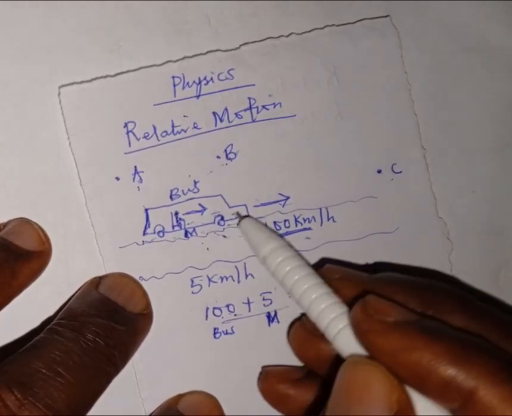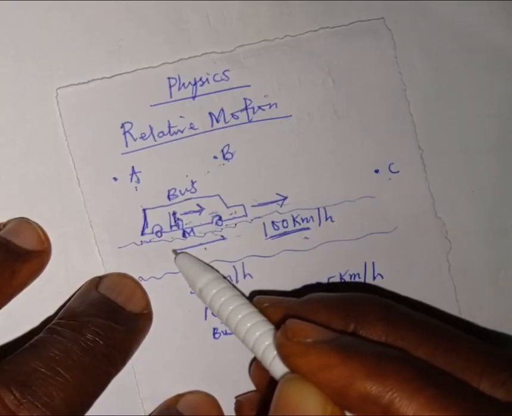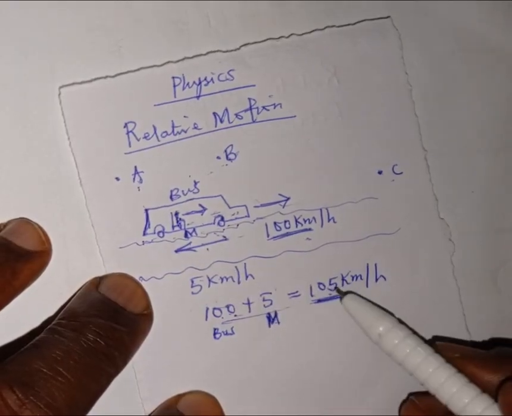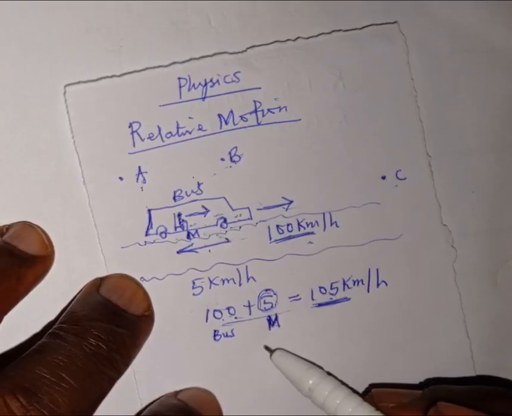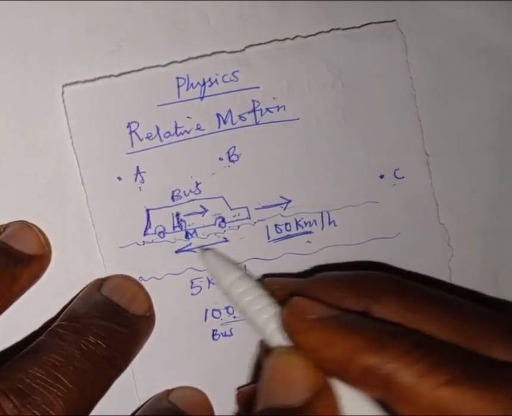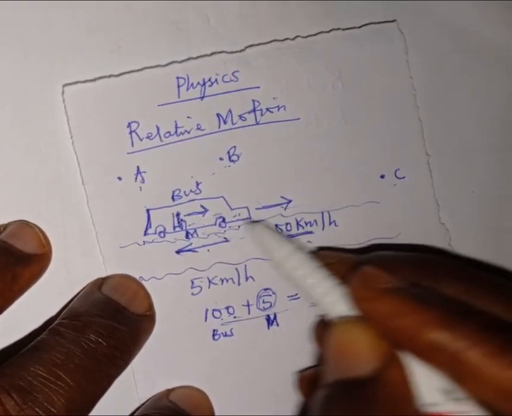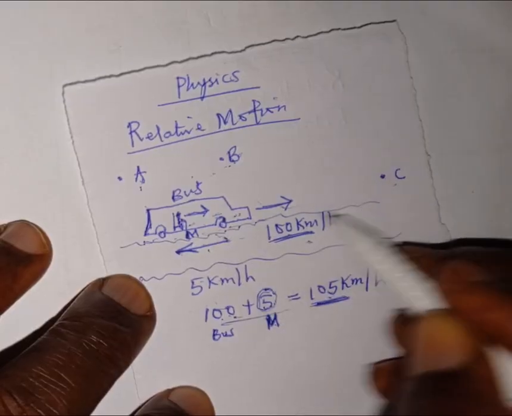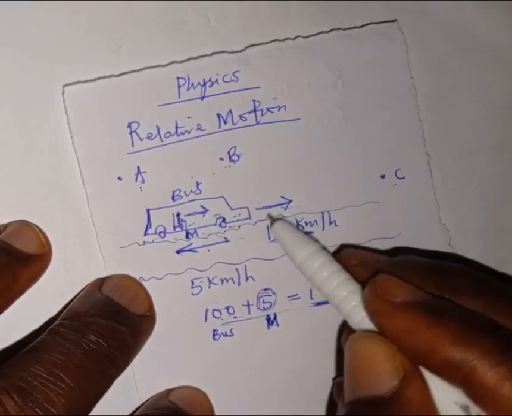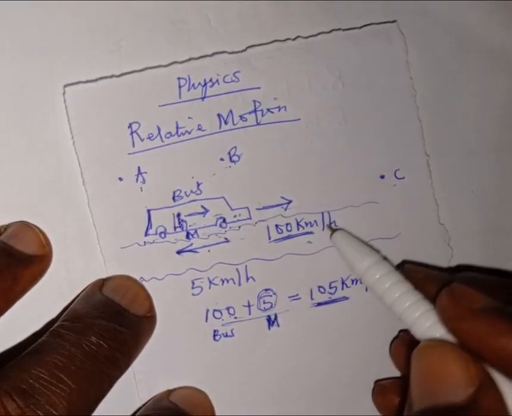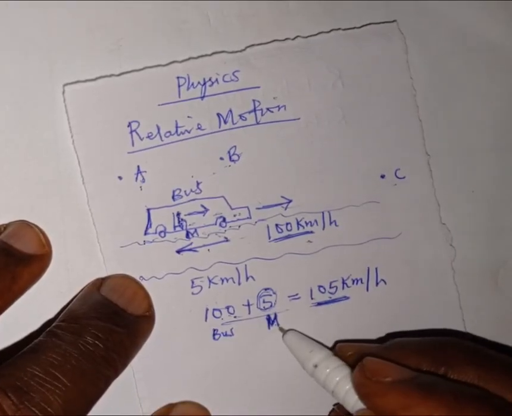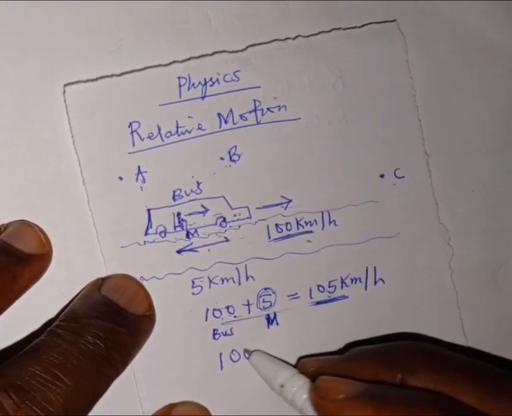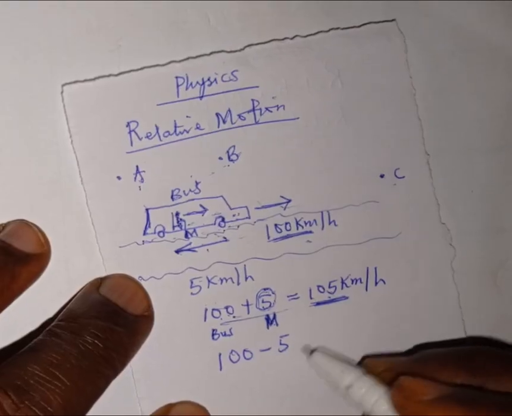So if the young man decides to move backwards from the driver at the same speed, you realize that he's now moving opposite the direction of the 100 kilometers per hour at which the bus was traveling. So we say that he is now moving opposite, which is 100 minus 5.